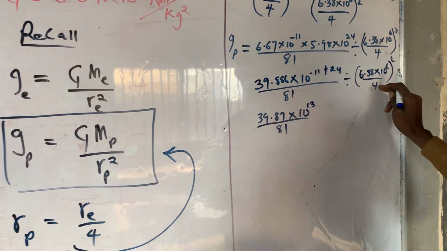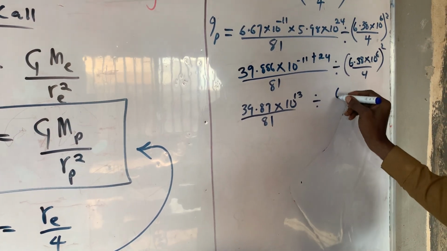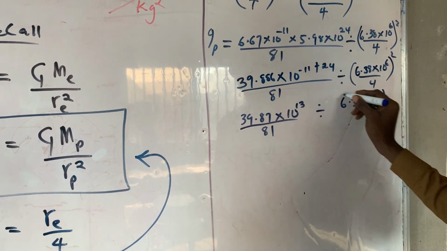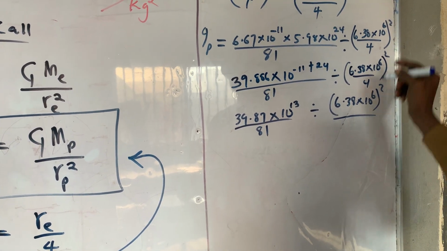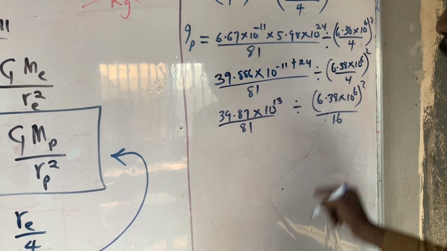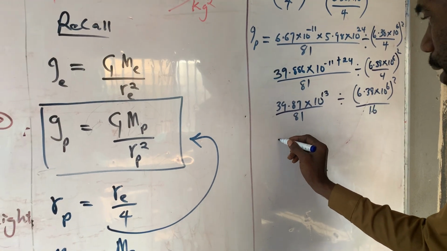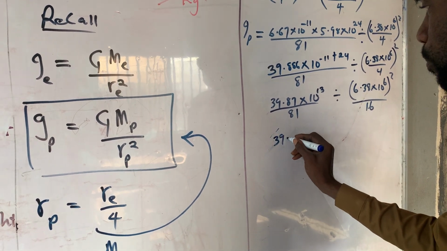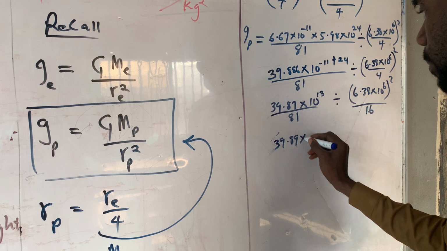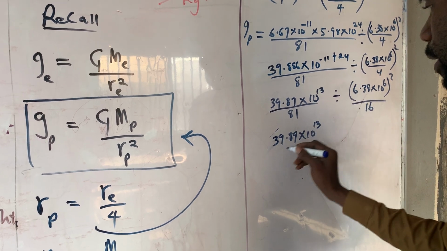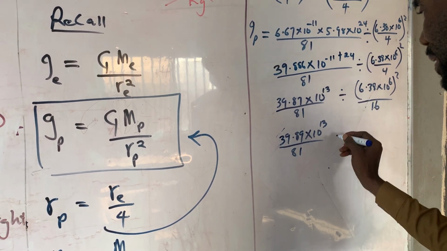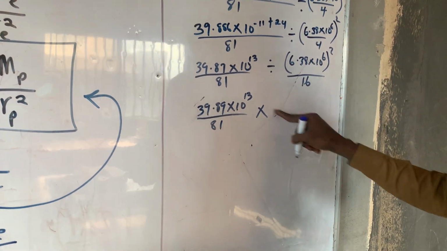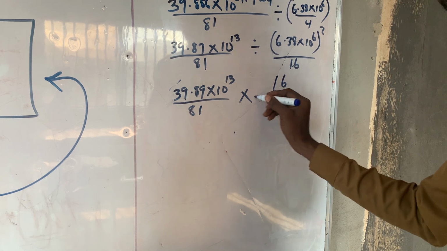Now this expression we have here is divided by 6.38 times 10 raised to the power of 6 squared divided by the square of 4, which is 16. So this expression is the same thing as 39.89 times 10 raised to the power of 13 divided by 81 times, when the multiplication sign comes in, 16 comes up, times 16 all over.